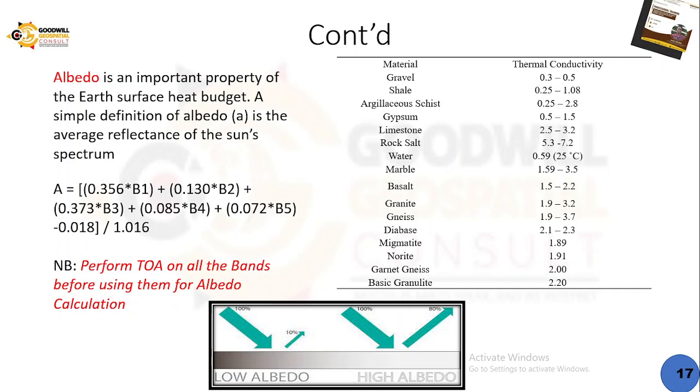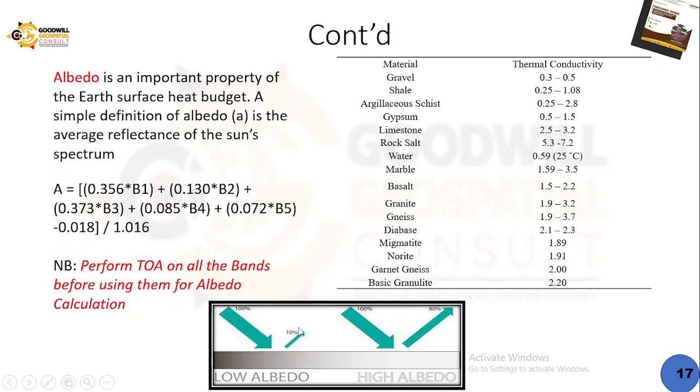Now, how do we understand the concept of albedo? This is the 100% of incident radiations or solar radiations coming from the sun. Now, these radiations hit on the materials. The materials absorb some of these radiations, then reflect some of these radiations. So let's say 10% are being reflected.